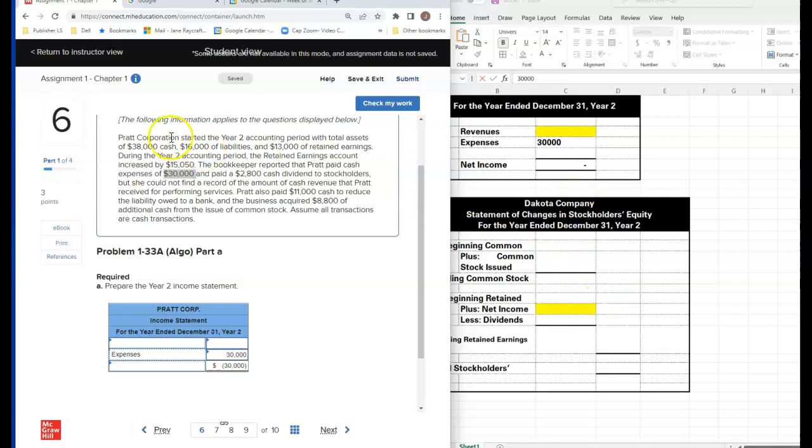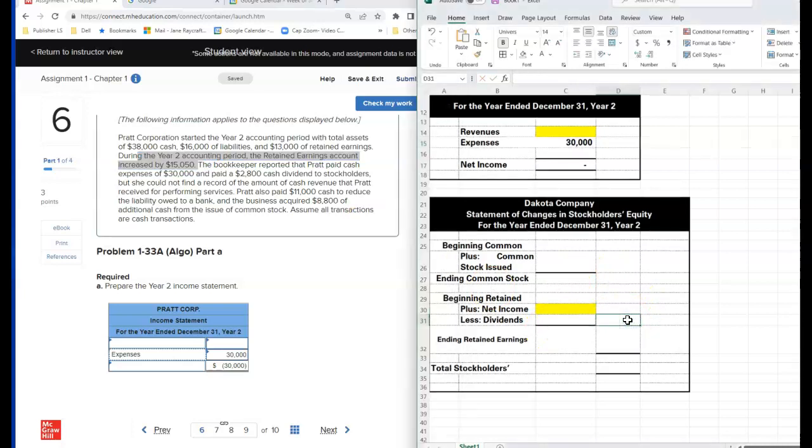The only thing we do know that pertains to net income is that during year two, our retained earnings account increased by this much. So if we think about our statement of retained earnings, $15,050 was a product of our net income minus our dividends of $2,800.